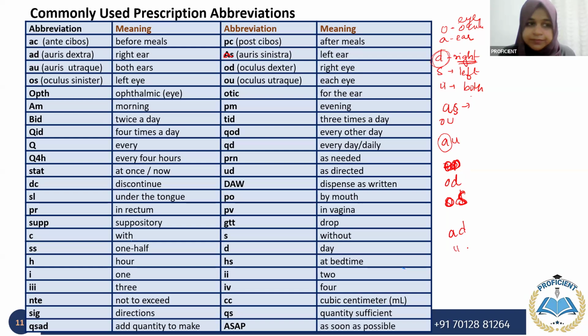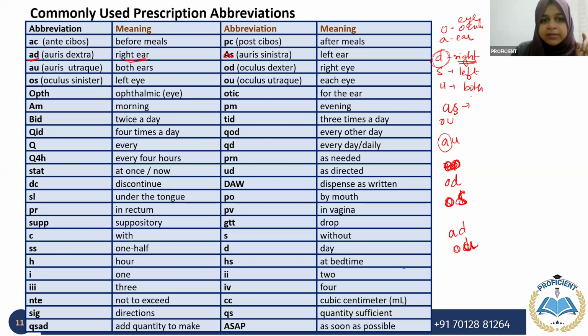Then UD, both ears. Okay, not UD, OU. It is difficult making up questions. Clear? So O is oculus, A is ear, D right, S left, U both. So AD, A ear, D right, so right ear.